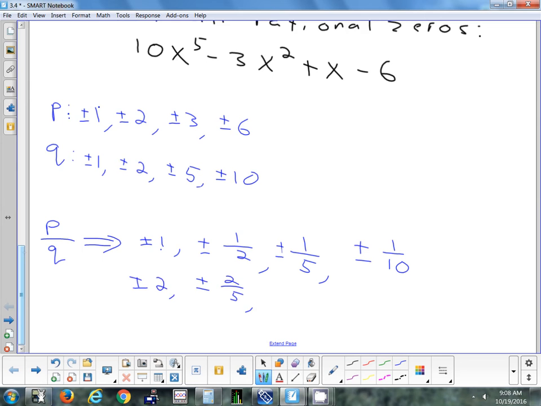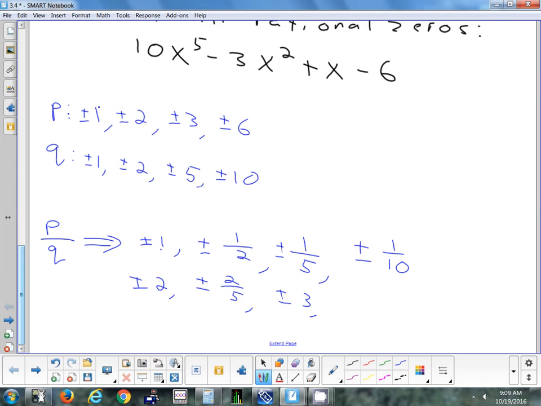So now let's do 3. So positive or negative 3 over 1. Austin, can you give me my next one? Oh, Connor, can you help him out? So we're just trying to make a list of all the different fractions that are of the form P over Q. Jack? Positive or negative 5.